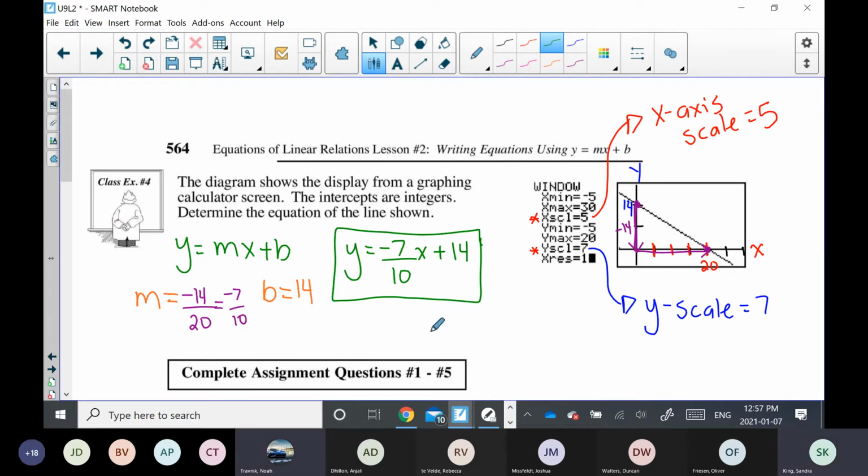An alternate way that you could get this, since you're going to be doing this for your homework, and I'll quickly show you, we'll look at the question after, but it's going to be 3 different screenshots.